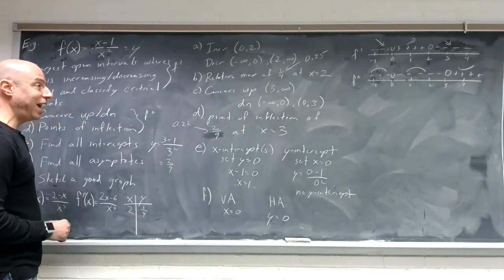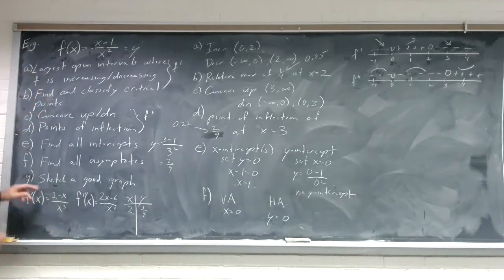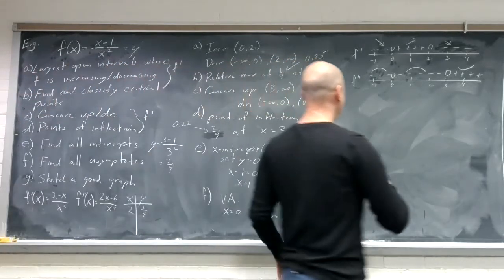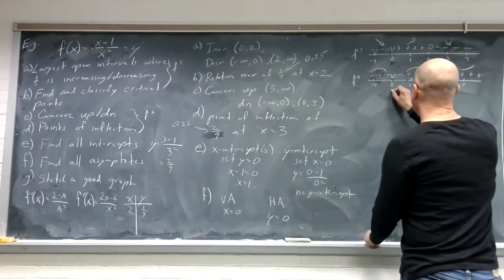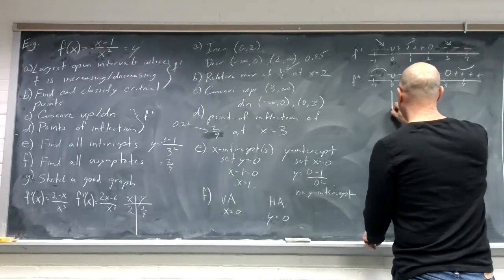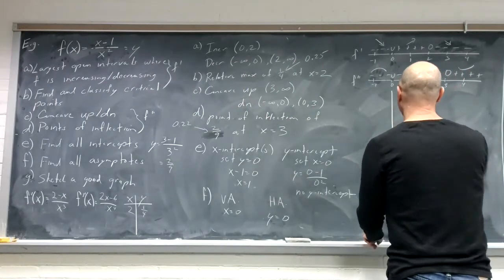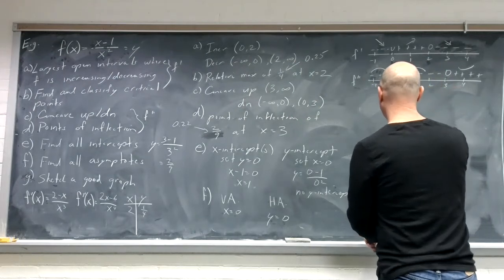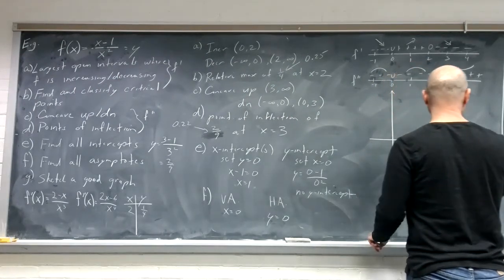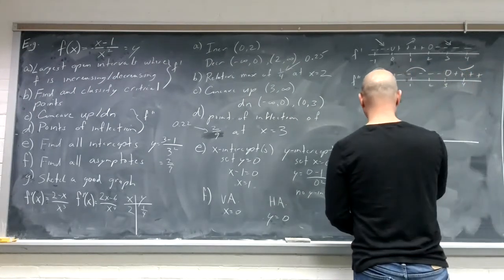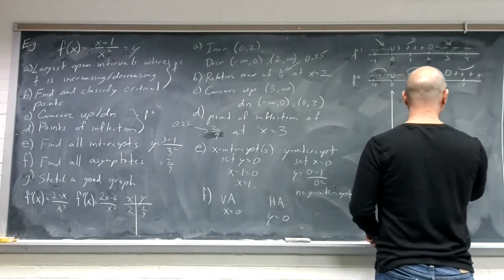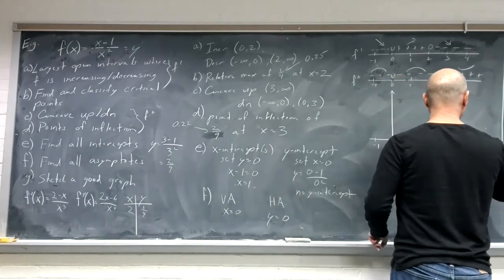Well, I think we pretty much have all the information we need to be able to sketch a good graph. And let's go ahead and do that now. Let's put our y-axis right underneath our 0. And we'll try to get our x-axis to line up as best we can. So minus 1, 1, 2, 3, 4.